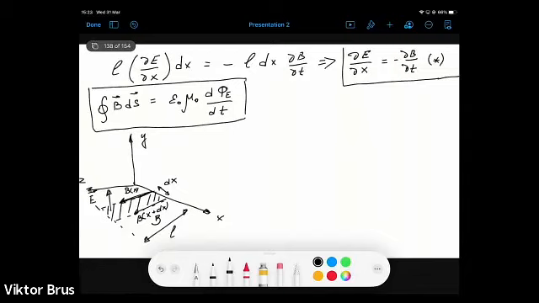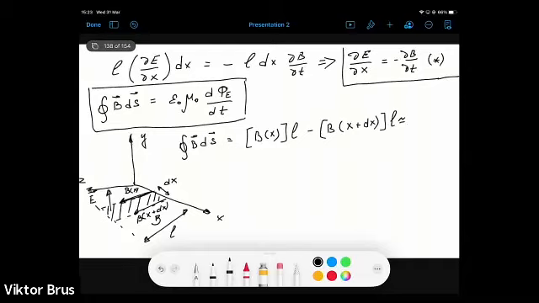With such orientation, this linear integral along the closed path defined by our rectangle will be equal to Bx times L minus B(x + dx) times L. And this is roughly equal to minus L ∂B over ∂x times dx.